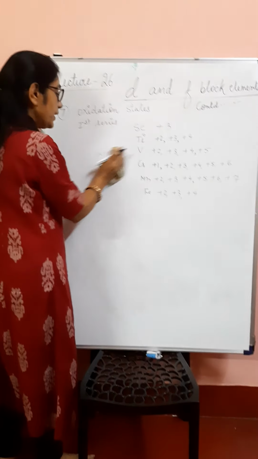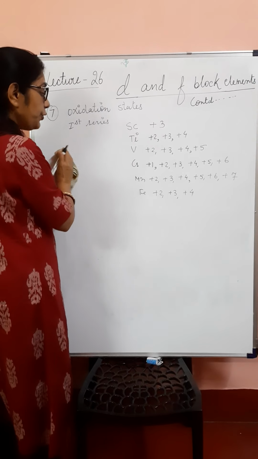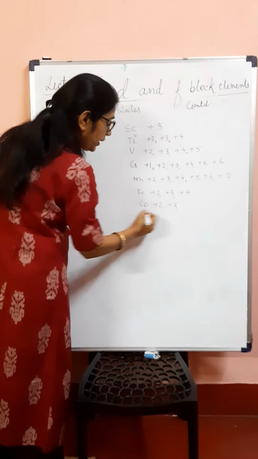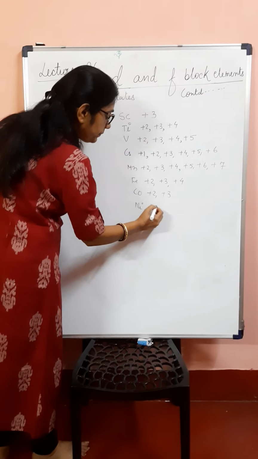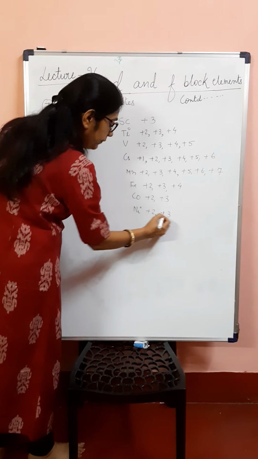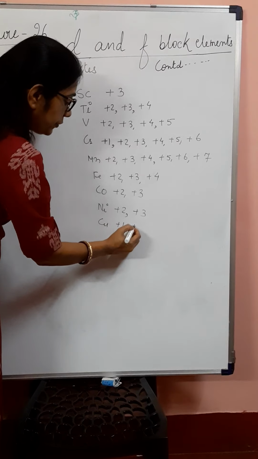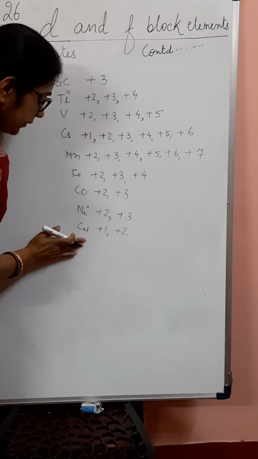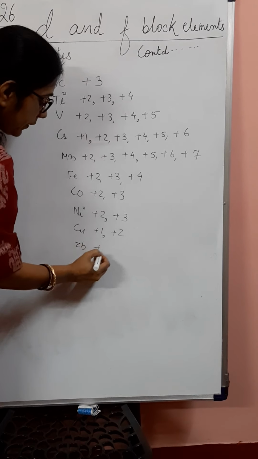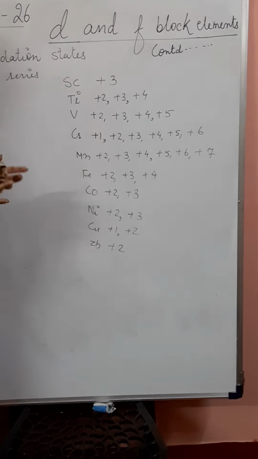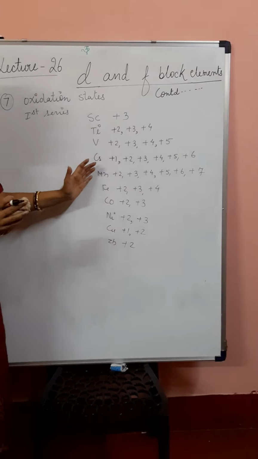That is a conventional method, and it is in very few cases. Then comes cobalt: 2 and 3. Nickel: 2, 3. Copper: 1 and 2, and zinc: +2. Okay, this is about the first transition series.